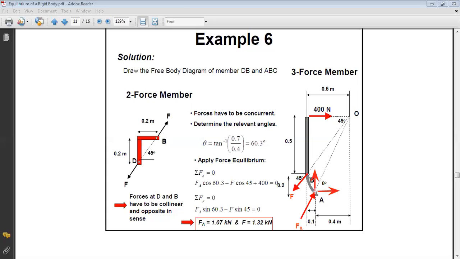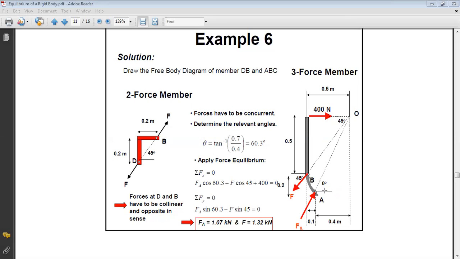But if I look well at my figure, I can benefit from another piece of information. Member ABC is weightless and is subjected only to three forces, one at A, one at B, and one at C.